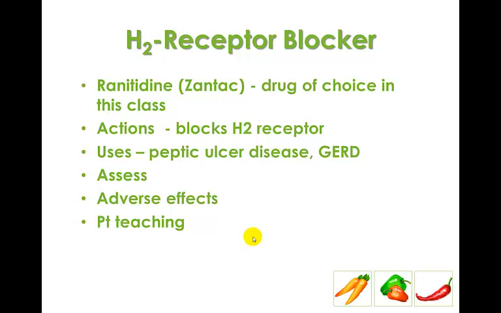We want to make sure that prior to use of an H2 receptor blocker, baseline central nervous system and liver function assessments are done, because side effects can include changes in level of consciousness, hepatotoxicity, obviously.